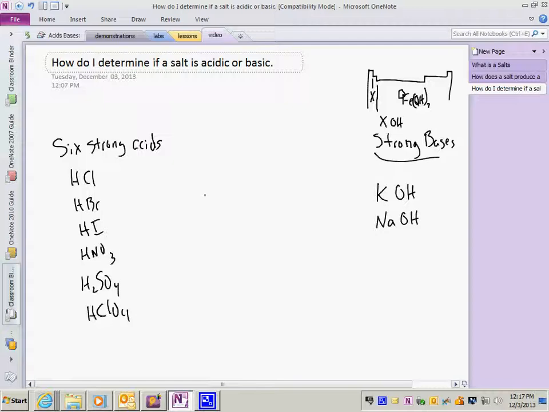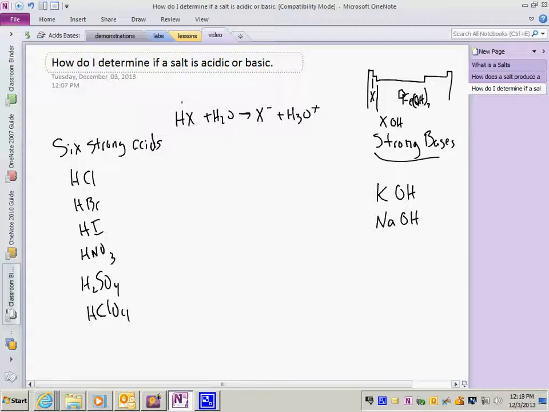Alright, so now, one thing you should also understand is that in a chemical reaction, we have, let's say, HX plus water yields X negative, and then we have H3O plus.